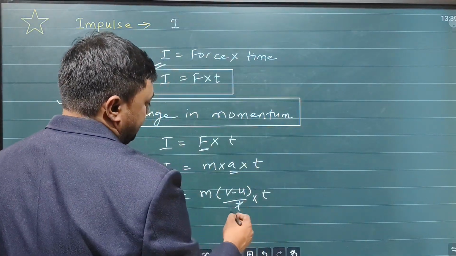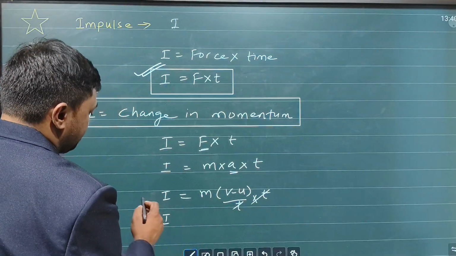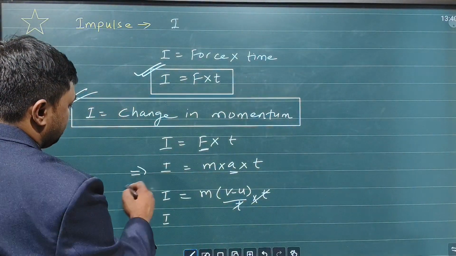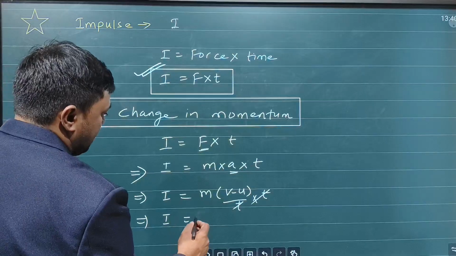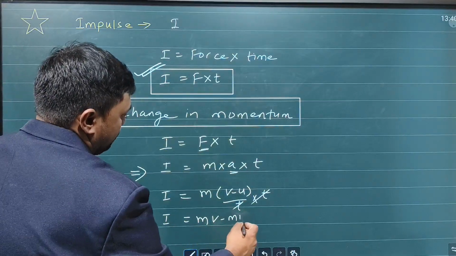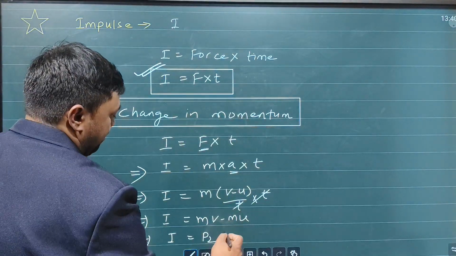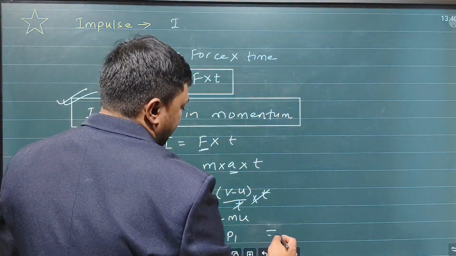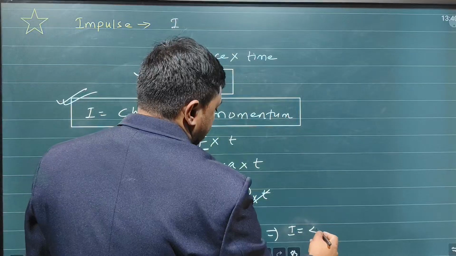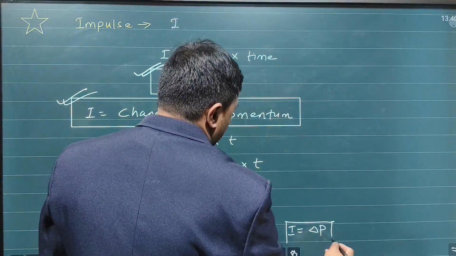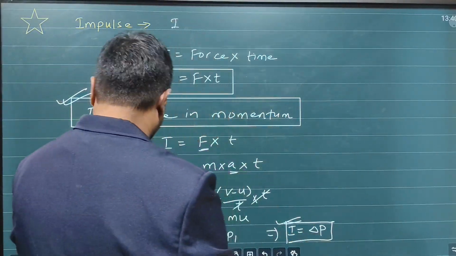The t gets cancelled, so impulse is equal to mv minus mu. mv is the final momentum and mu is the initial momentum. So I is equal to change in momentum. Numericals based on this may be asked.